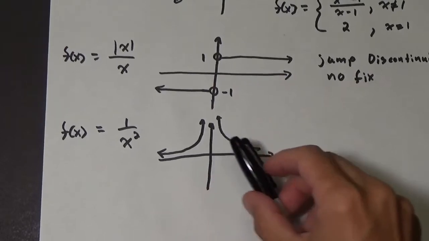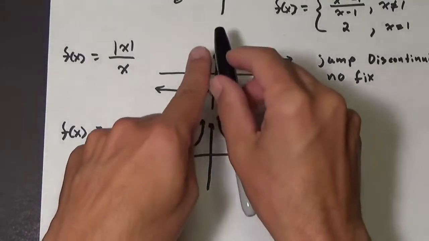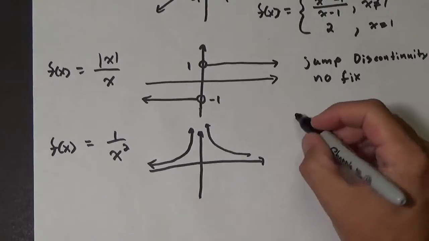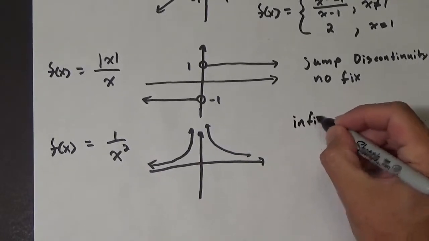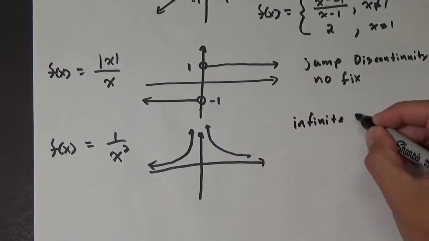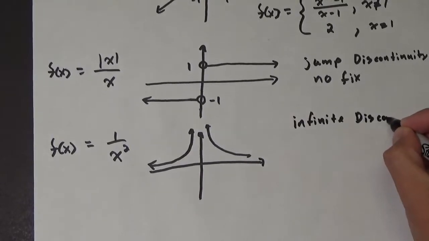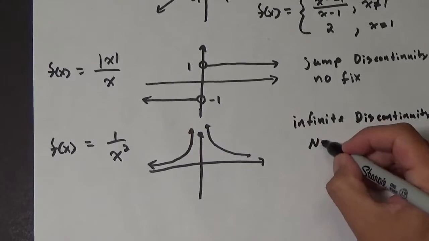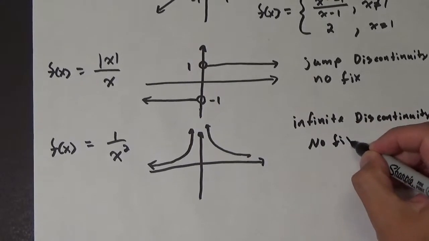And what happens with this vertical asymptote is these values keep getting closer and closer to 0, but they actually never get to 0. So we call this an infinite discontinuity. Okay. And this one also has no fix.